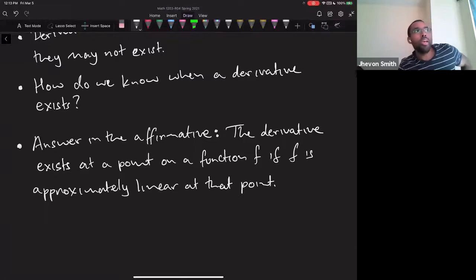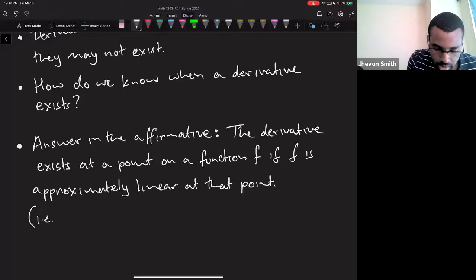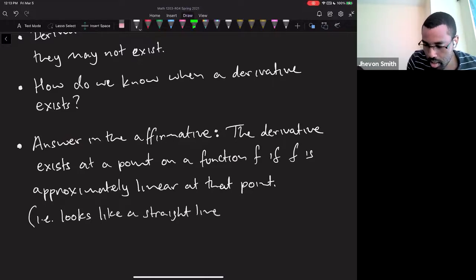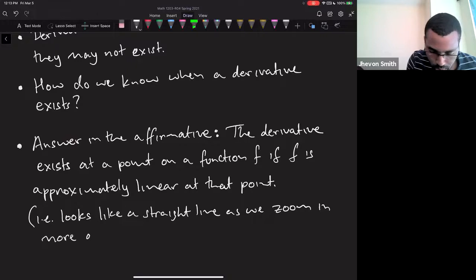It means it might not look like a straight line, but if you zoom in more and more and more, it starts to look more and more like a straight line, i.e., looks like a straight line as we zoom in more and more.